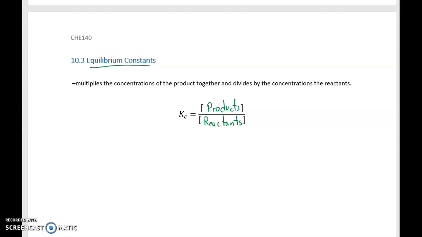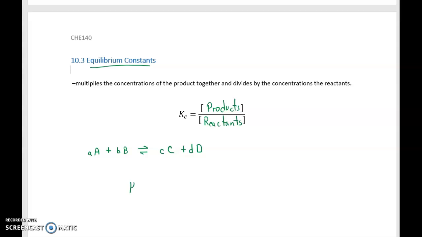So if we have an equation such as this, we have aA reacts with bB, and it forms cC and dD. The small letters here are the coefficients, so we would have like 2A and 4B.